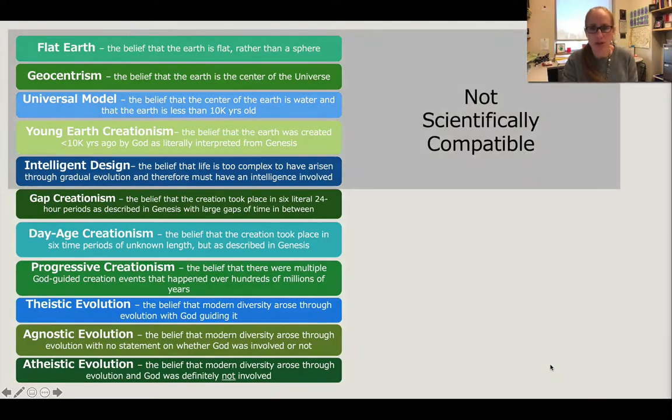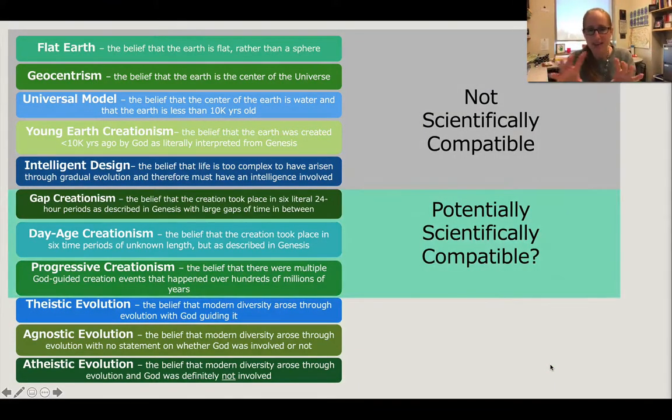Scientifically compatible, it depends. Okay, so I have kind of a potentially scientifically compatible, because it depends on how literally you're going to take these. Because the day age, or the progressive creationism, for instance, could it be that each thing arose by an act of God? There would be no way to, I guess, tell that away from the fossil evidence, but there's sure a lot of evidence that things evolved over time and changed from one thing into another.